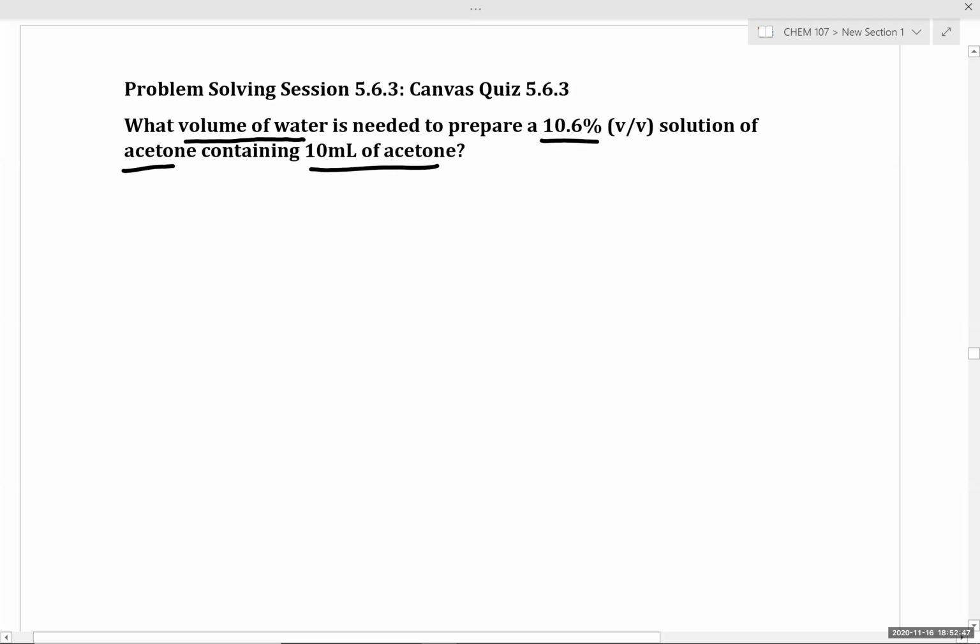Let's keep working on this example, and don't be shy to share your responses in the chat or verbally, just so I can get a sense that everyone's comfortable with the material. I would double check your order of magnitude and double check the units for the volume of acetone as well.